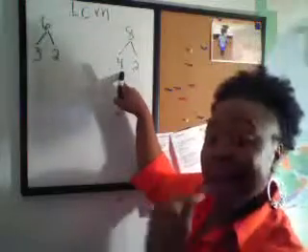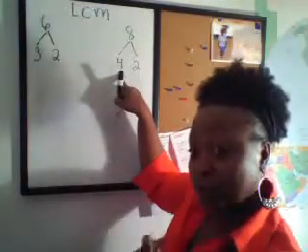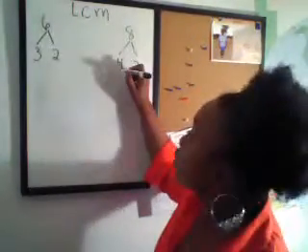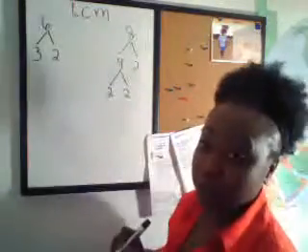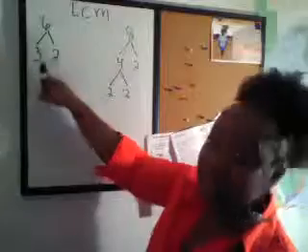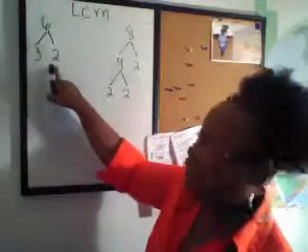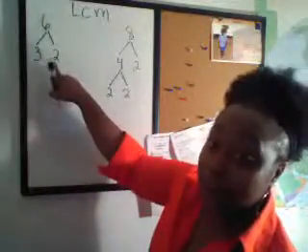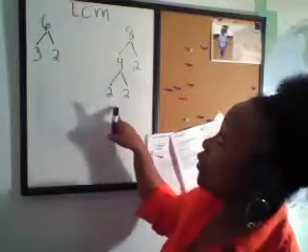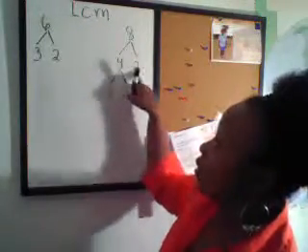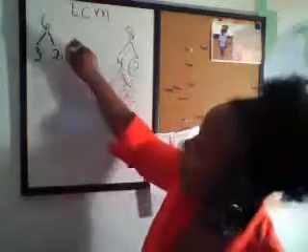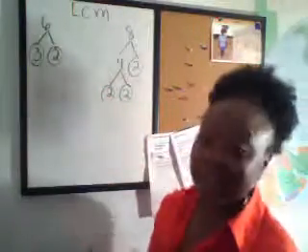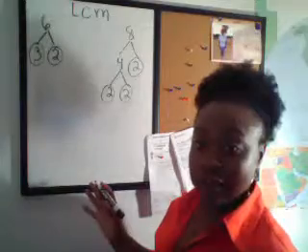That means that I have other factors for 4 besides 4 and 1. So it can also be 2 times 2. So my prime factors for 6 are 3 and 2. My prime factors for 8 are 2 times 2 times 2. I'm going to circle my factors so that I can clearly see them.